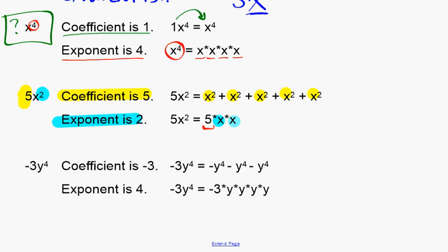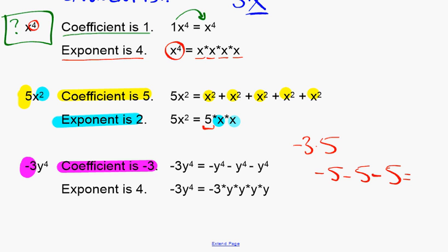Last example. Notice this coefficient is negative. Do not forget to include the negative. And if I were to multiply negative 3 times 5, that would be subtracting 5 3 separate times to get negative 15. So if you're multiplying negative 3 times y, you have to subtract that y 3 times.